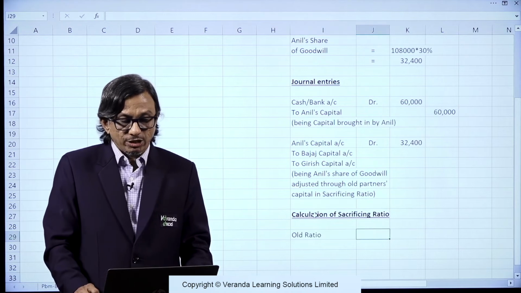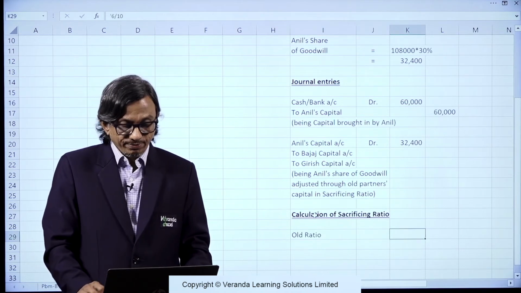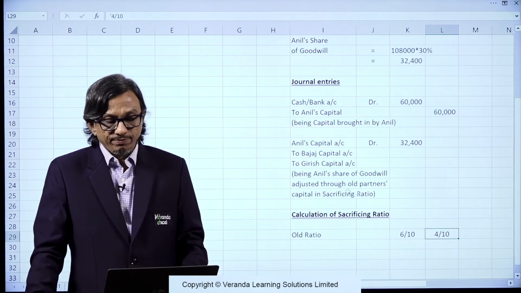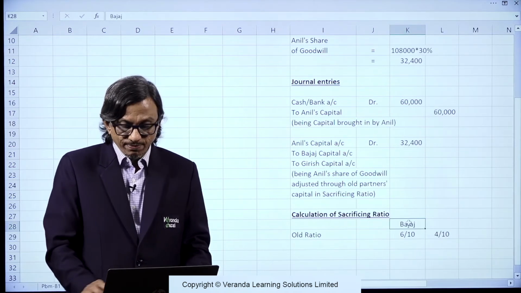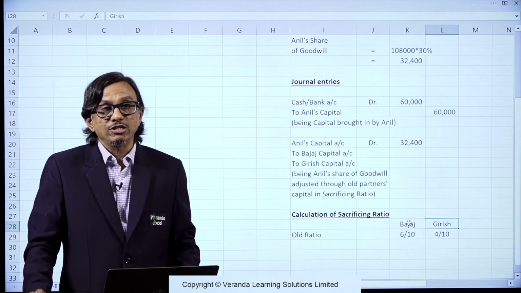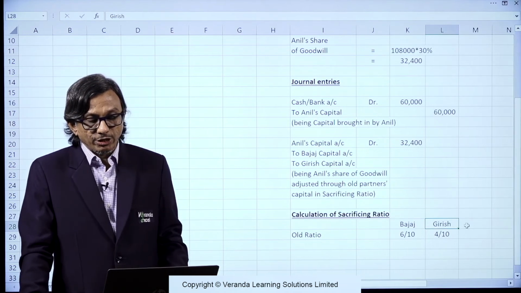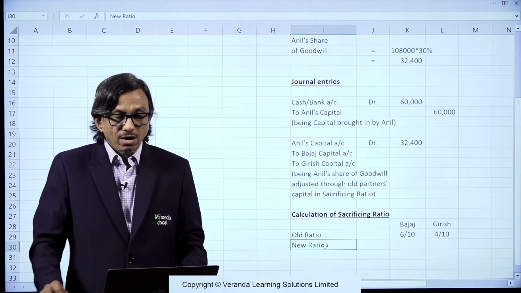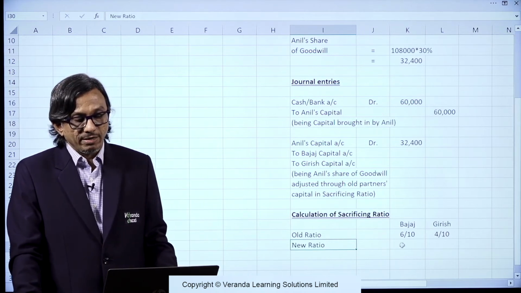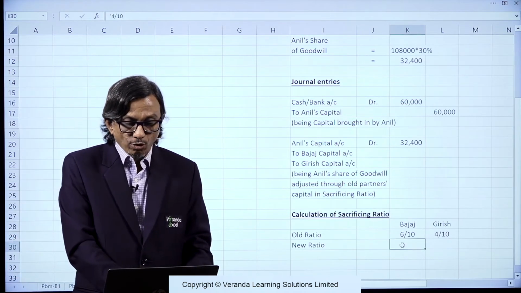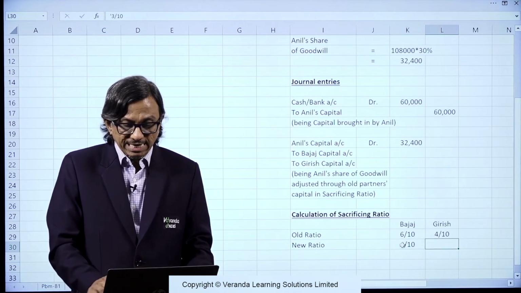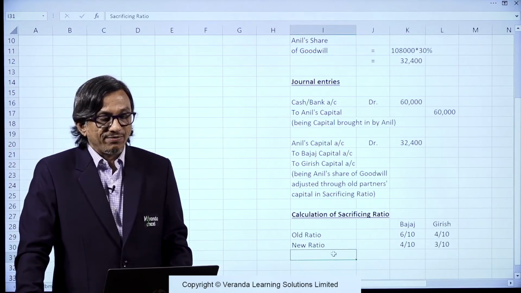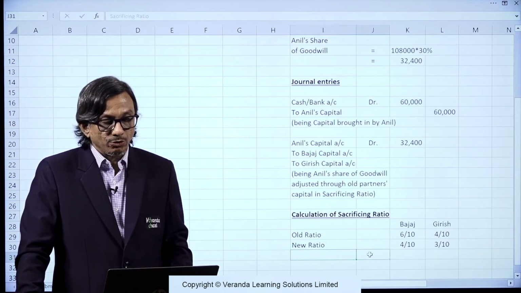So what is the old ratio of the partners? 6/10 for Bajaj and 4/10 for Girish. What is the new ratio? The new partner comes in. After admitting the new partner, Bajaj's share will become 4/10. Girish's share will become 3/10. So the formula for sacrifice is old minus new.